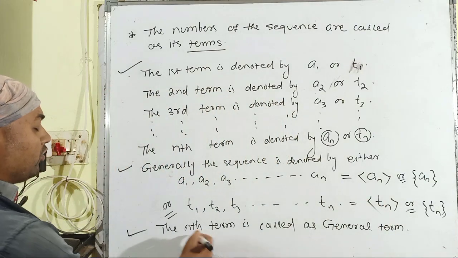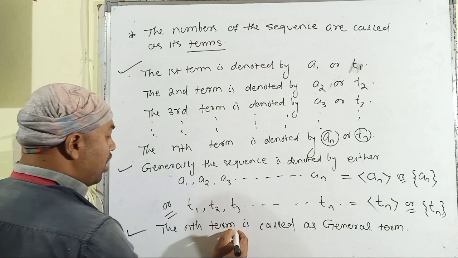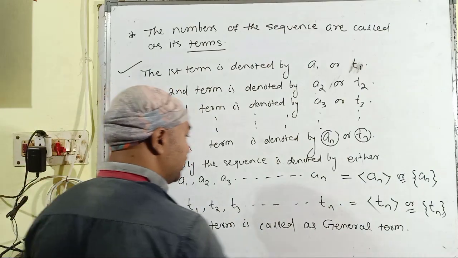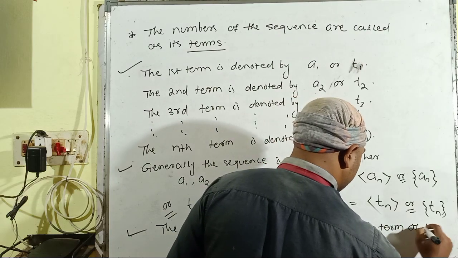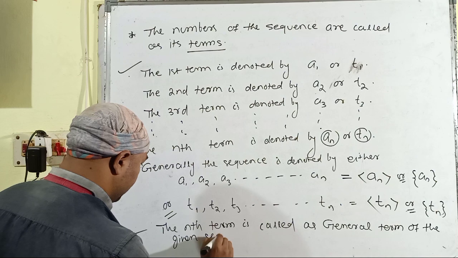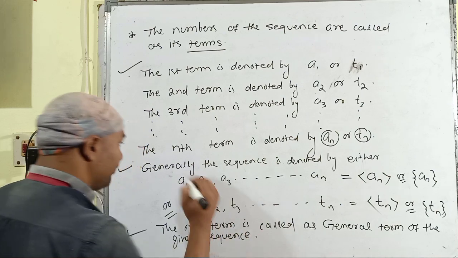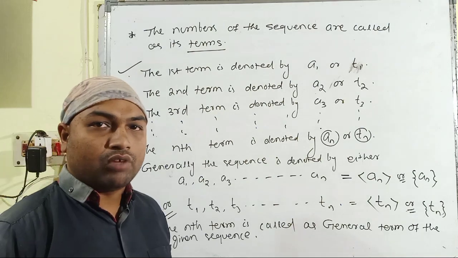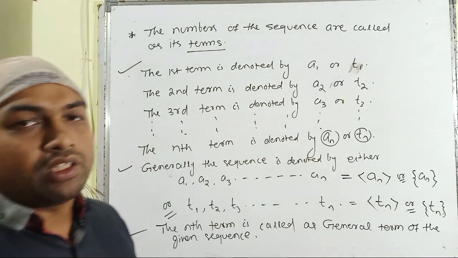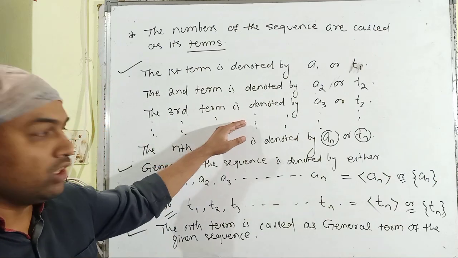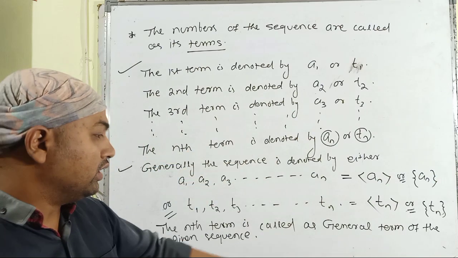The nth term of the sequence is also called the general term of the given sequence. So this is all about the fundamental data of the topic sequence. What is a sequence, what are the terms, what is the notation to denote the terms of a sequence, and what is the general term.